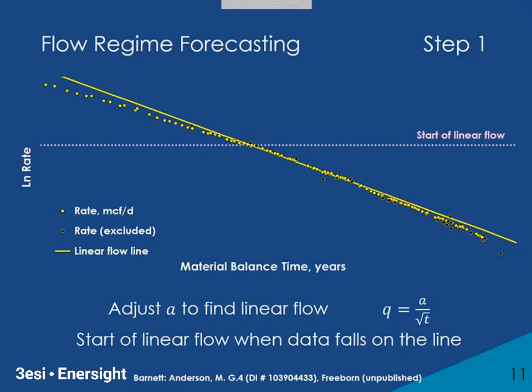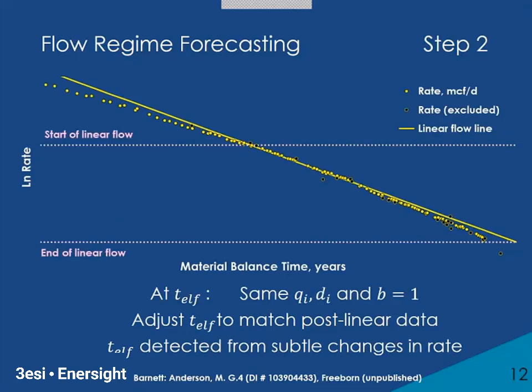We don't know where the end of linear flow is, but what we do know is at the demarcation between linear flow and post-linear flow, the rates are the same, the decline factors are the same, and we know that post-linear flow, the b-value is 1 when we plot on material balance time. The only thing we don't know is where is the end of linear flow. It could be that we haven't reached the end of linear flow yet.